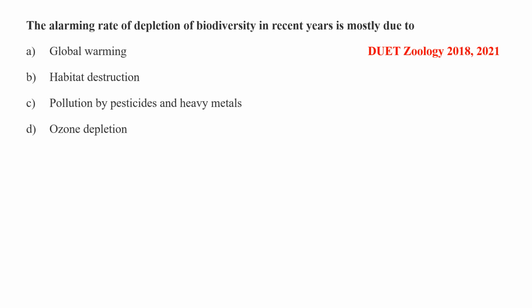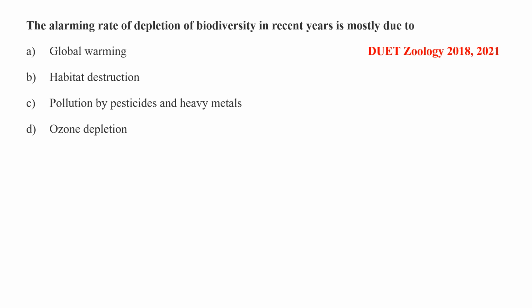The alarming rate of depletion of biodiversity in recent years is mostly due to the global warming, habitat destruction, pollution by pesticides and heavy metals, or ozone depletion. As we all know that habitat destruction is the primary cause for the loss of biodiversity, while exotic species invasion is the secondary cause of the biodiversity depletion.